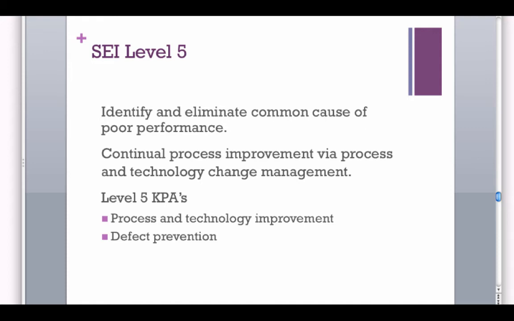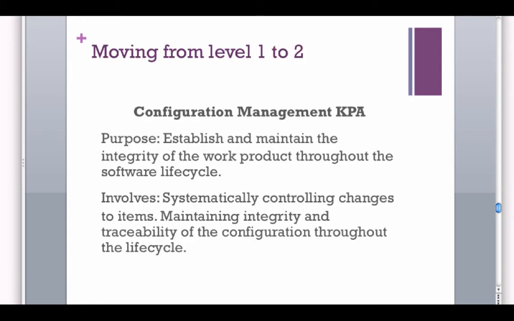Alright, so let's look at some of the key process areas that are required to go from the different levels. We'll probably stop at about level 3 because that's kind of the minimum where a mature organization should be.